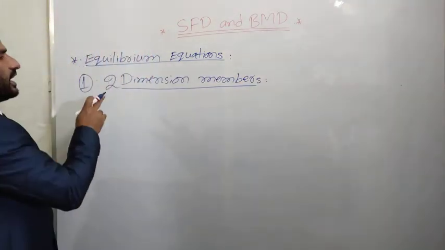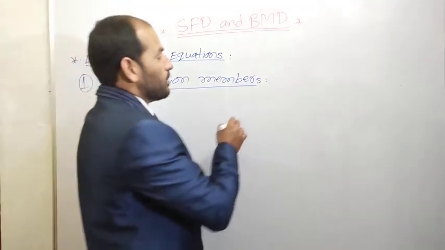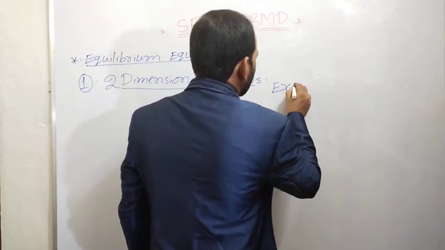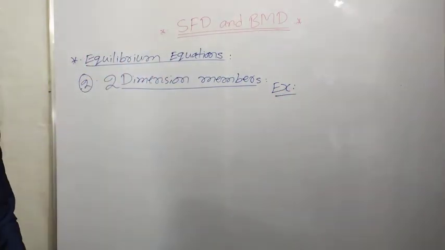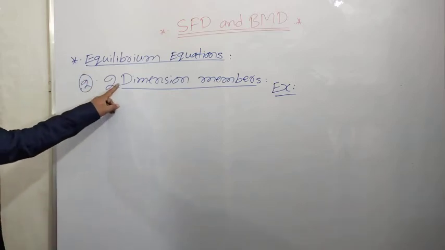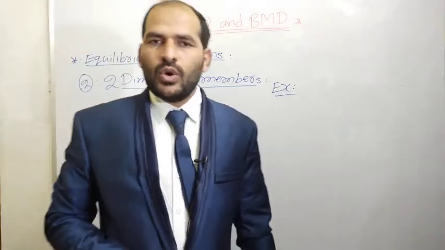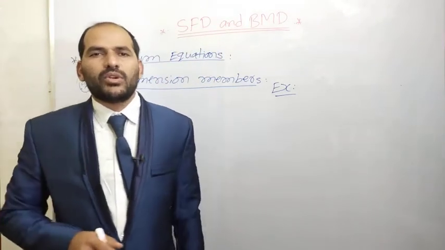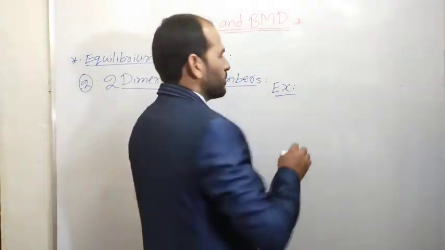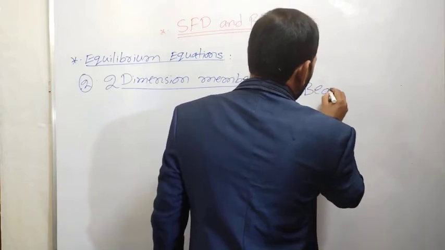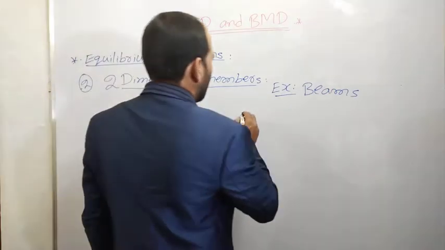What is an example of a two-dimensional member? The example of a two-dimensional member is beams. Beams are considered two-dimensional members.